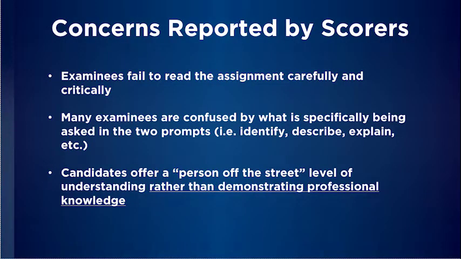Now that we have discussed ways to actually address our constructed response items, let's talk about some concerns that have been reported by those that score the constructed response. What they have found is that the examinees, or the test taker like you, has failed to read the assignment carefully and critically.